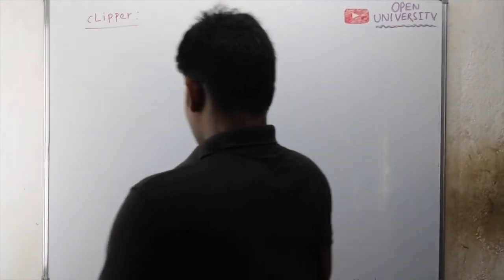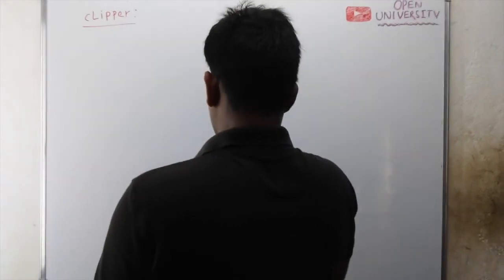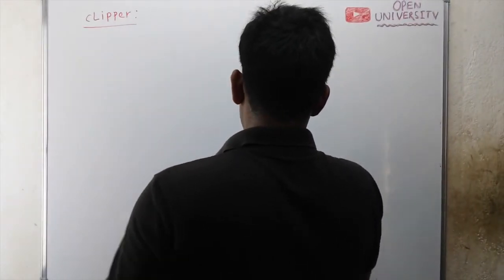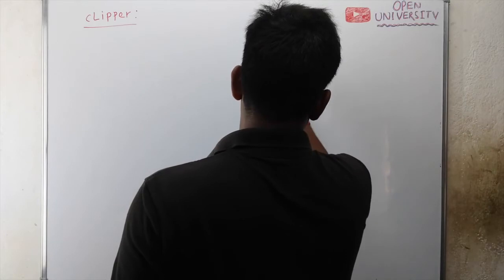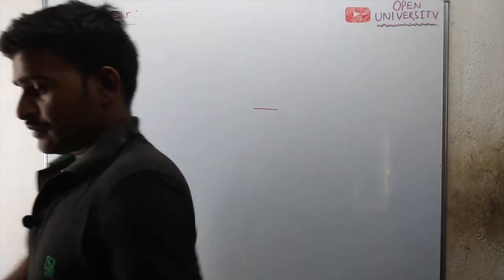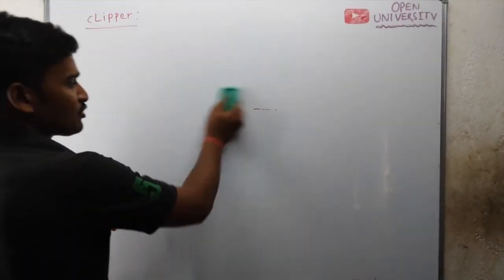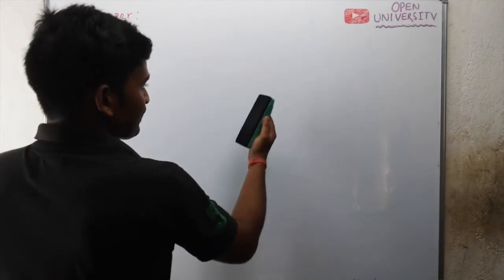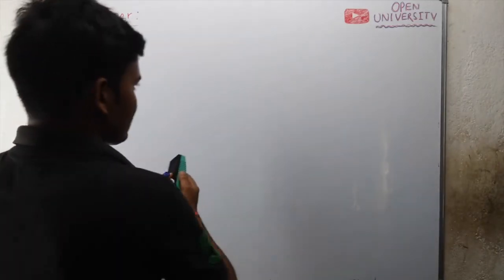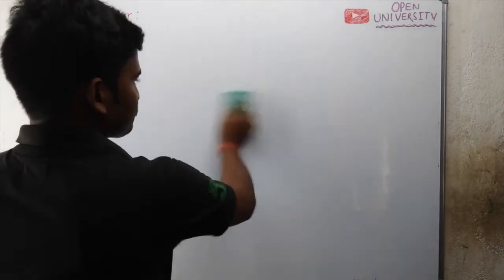Then there are two applications of this clipper. The first application is that it is used to reduce the amplitude of a signal. That's why it is also called an amplitude limiter.